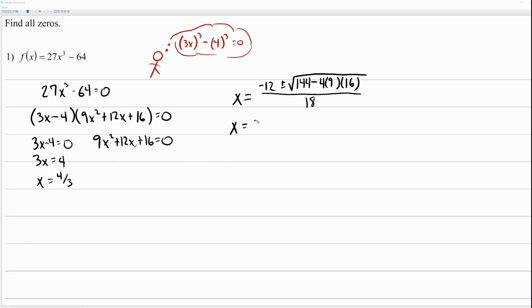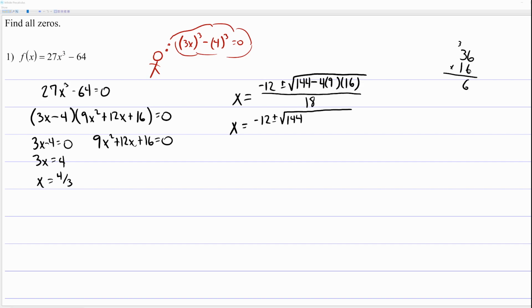So let's see. Negative 12 plus or minus the square root of 144. I don't want to try to do this in my head. It's late in the evening and I might make an arithmetic mistake. So let's see. 4 times 9 is 36. 36 times 16. All right, let's do this the old-fashioned way. 6 times 6, that's 36.